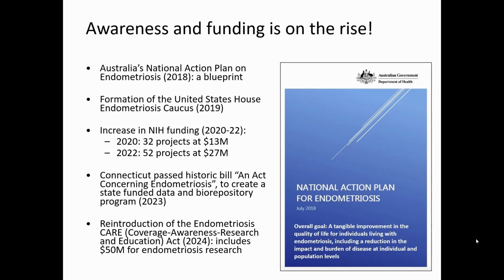But there are others. In the United States, an endometriosis caucus was founded in 2019, and NIH funding has increased for endometriosis from $13 million in 2020 to $27 million in 2022.